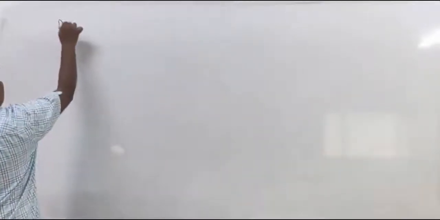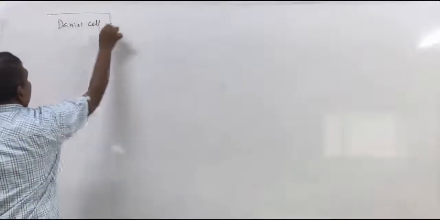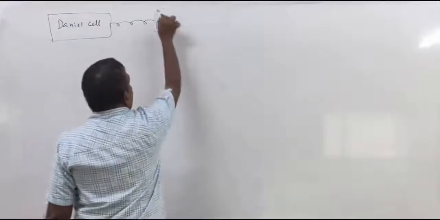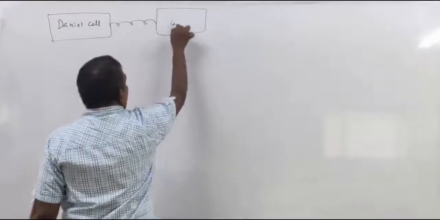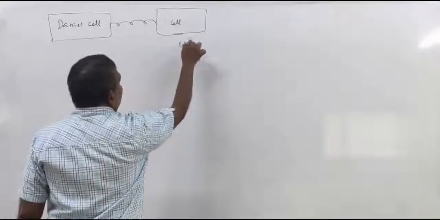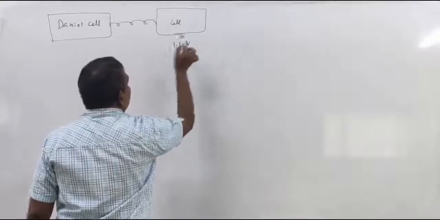Next, for example, see, this is the Daniell cell connected to a cell having 1.1 volts of potential.